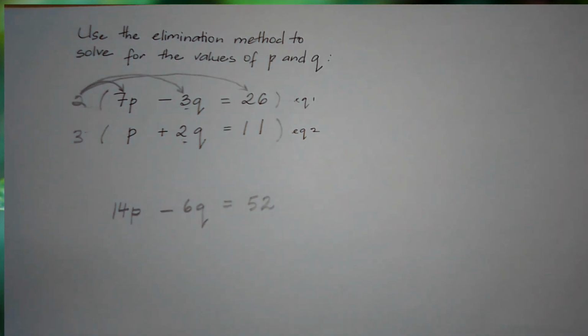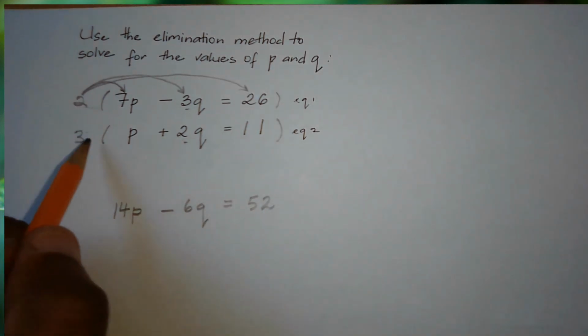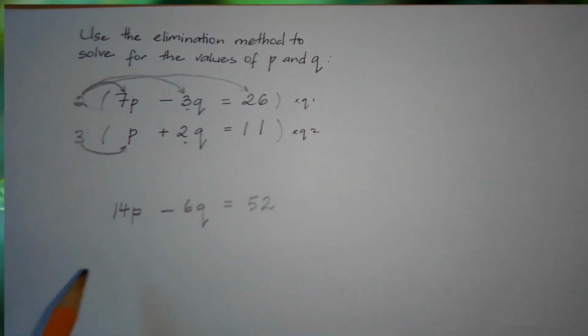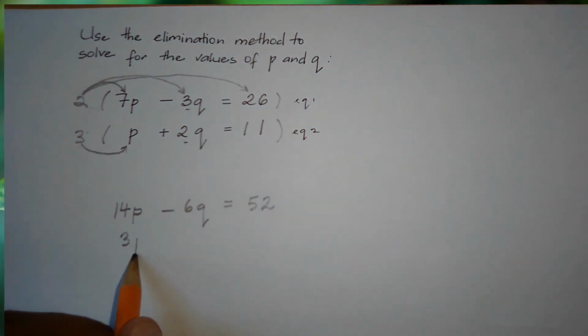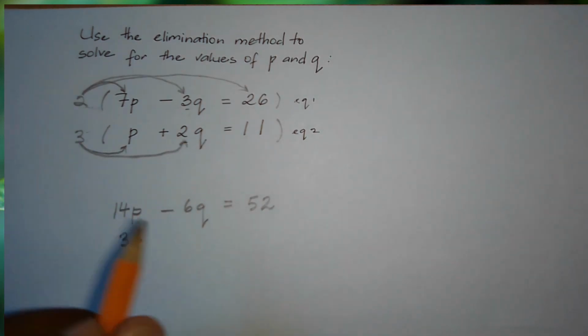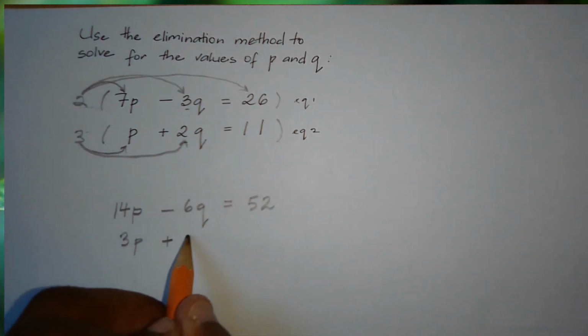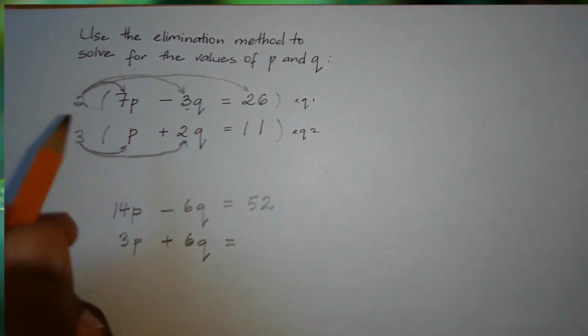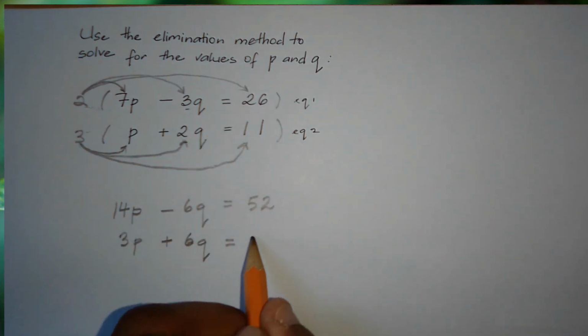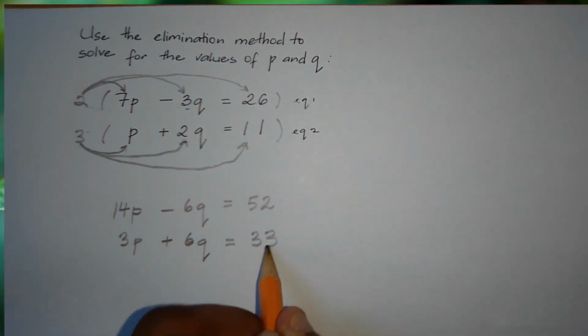Good. So I'm going to do the same with this one now. 3 by p gives me 3p. And 3 by this positive 2q gives me plus 6q. Equal, and 3 by this 11 gives me 33.